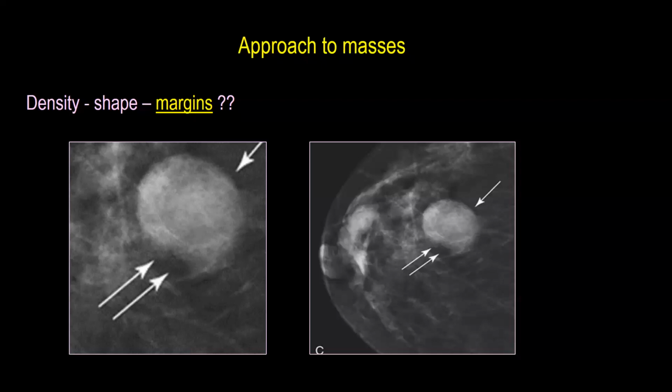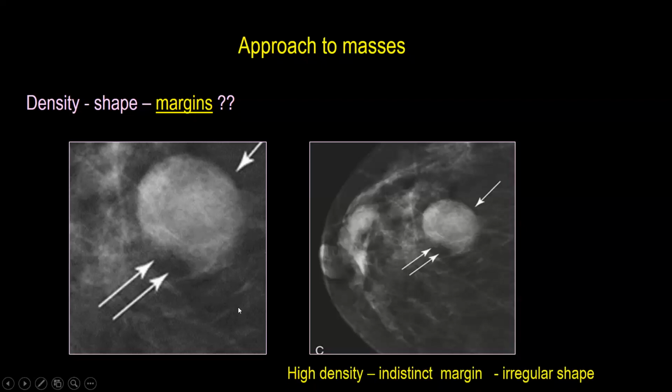And what about the shape? Rounded. And what about this? Irregular shape. Irregular and indistinct. You can consider this a single spicule, but at least it is indistinct. It is an indistinct margin, high density and irregular shape.